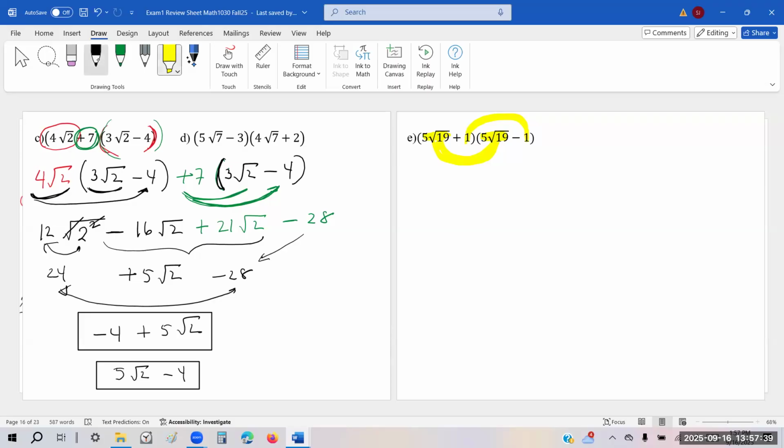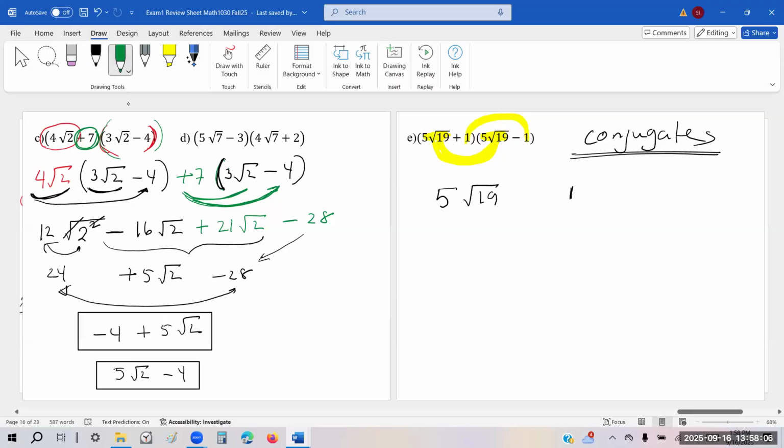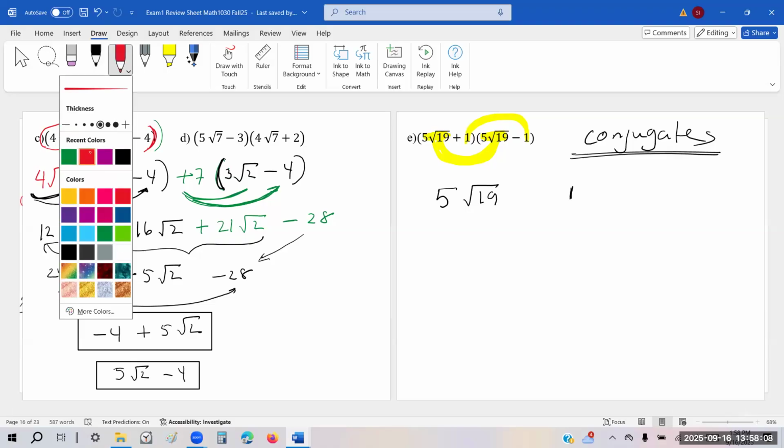Do you remember what you call this type of thinking? Start with a C. Good job. Conjugates. We have conjugate pairs. So that means we don't need to do binomial multiplication. You just take the first position and your second position and square each one of them.